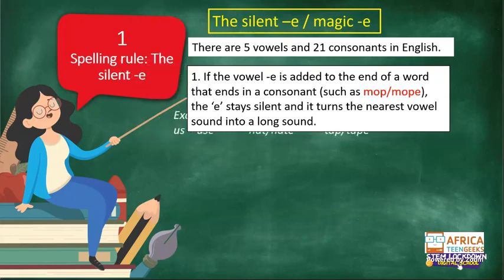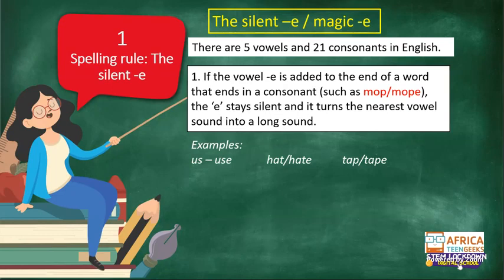So, for example, us would change to use. Hat would change to hate. Tap would change to tape. And those long sounds are actually the names of the letters A, U, I. There's another part to this rule.